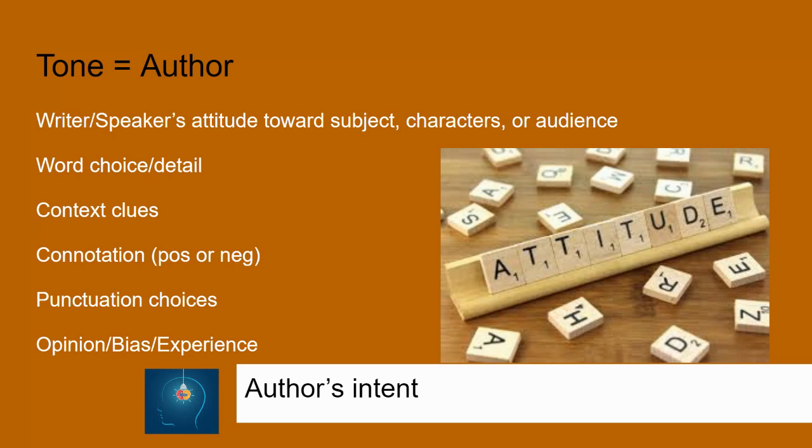Look at how the author uses punctuation. Are they putting everything in all caps? Are they putting lots of exclamation marks after things? Are they using dashes or fragments? That is all helping to deliver the tone of the piece. Often the author's opinion or bias based on their experience will come through in their tone. So think of mood as reader and tone as author.